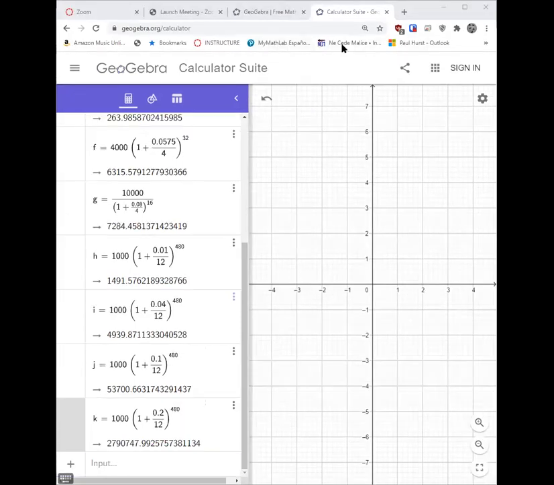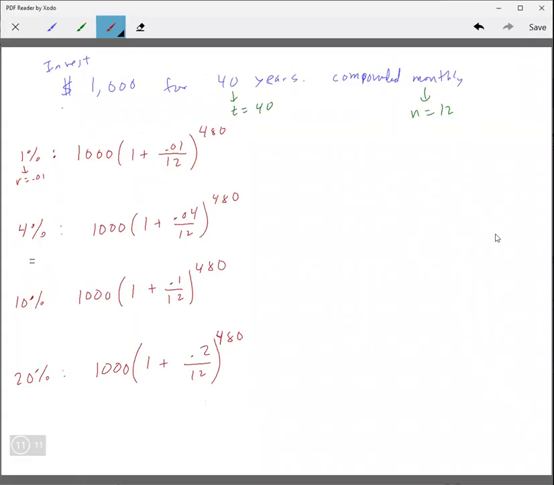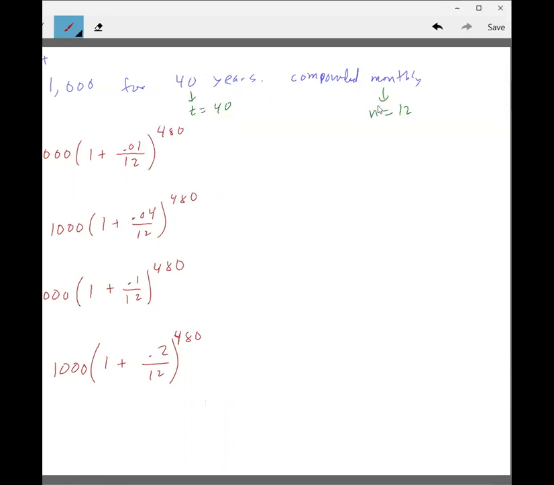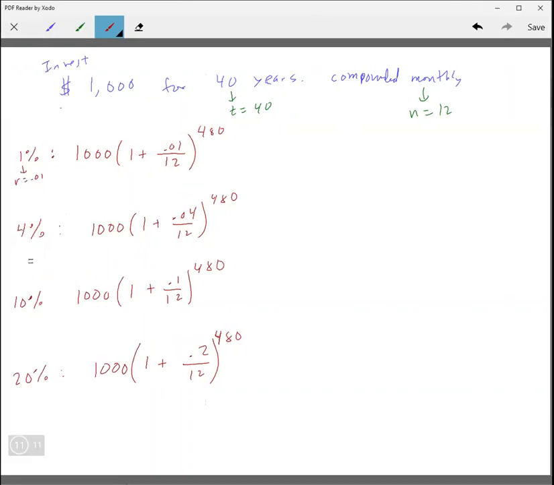Okay, let me see here. Now let's go back and I'll input all the answers over here. Okay, so just a second, I gotta move these around a bit. Okay, so the first one, this is from Geogebra. So 1% was $1,491.58.